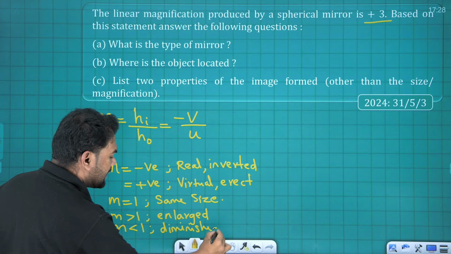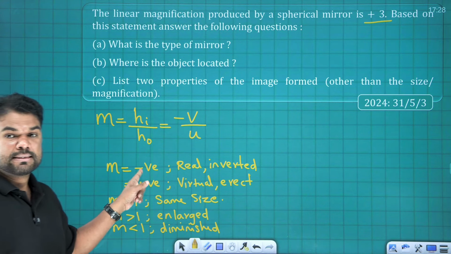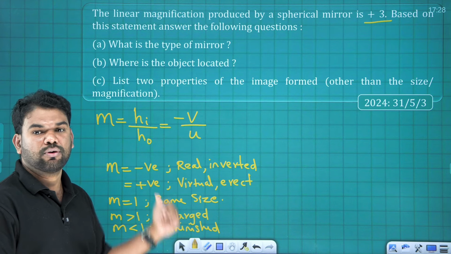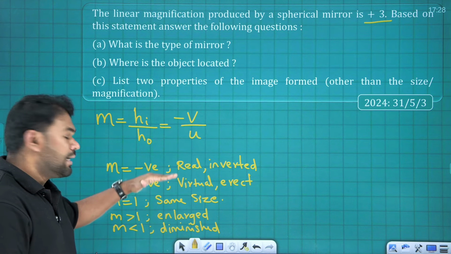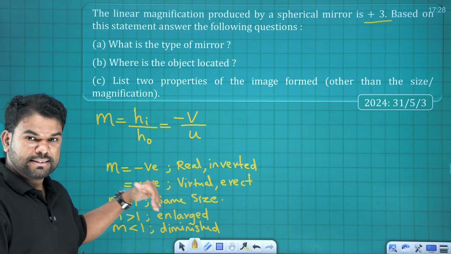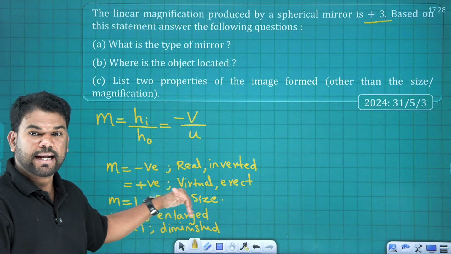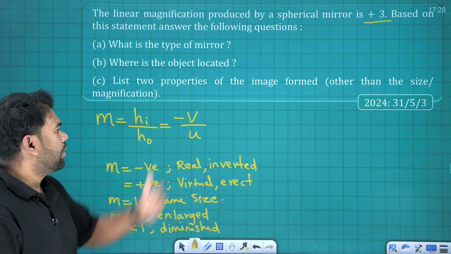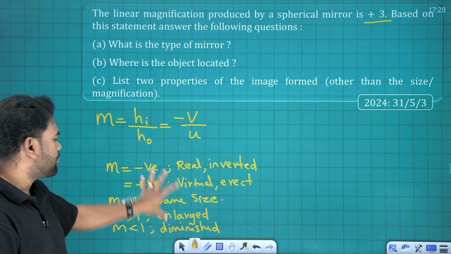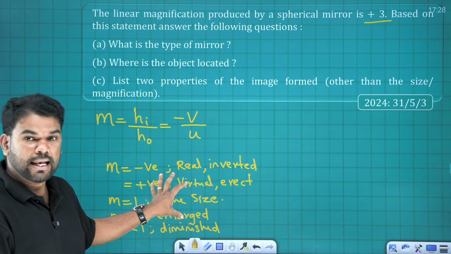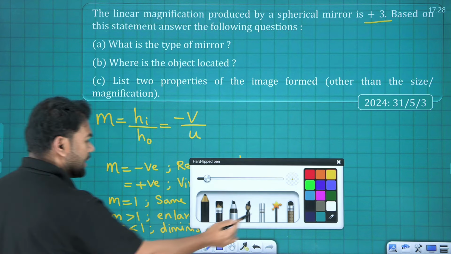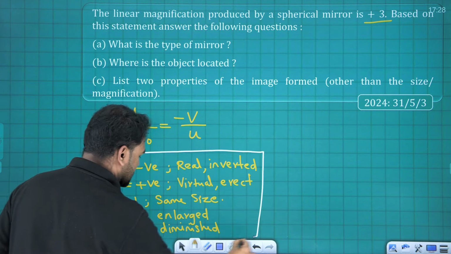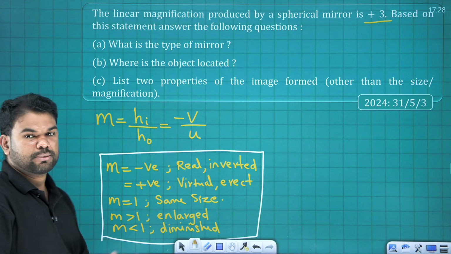So you can clearly see the negative or positive sign represents the nature of the image, and the value represents the size: equal to 1, same size; greater than 1, enlarged; less than 1, diminished. These properties are the same for lens and mirror, and this is very important. All of you should correctly remember and study this magnification property.